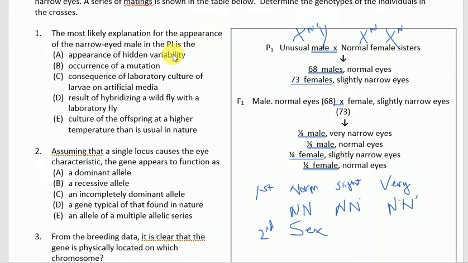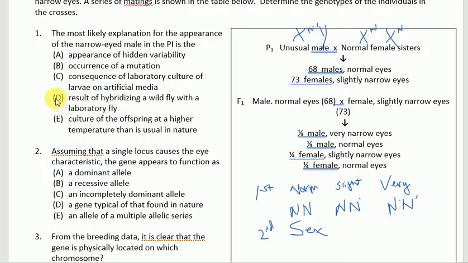Appearance of a hidden variability, occurrence of a mutation, consequence of laboratory culture, result of hybridizing a culture of the offspring at a higher temperature. Well, I would say that they didn't give us any information about that other than he was collected in nature.